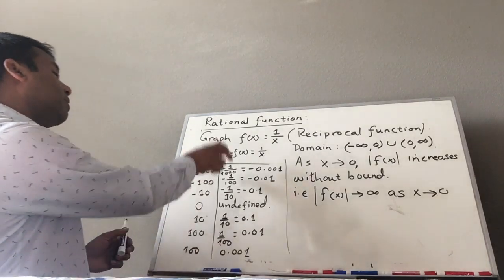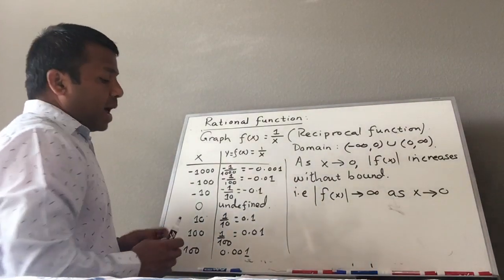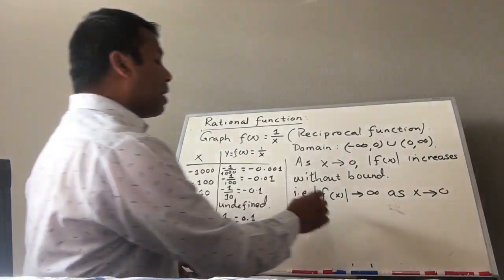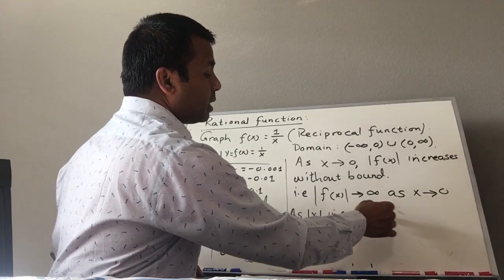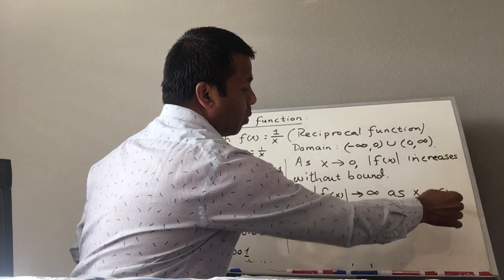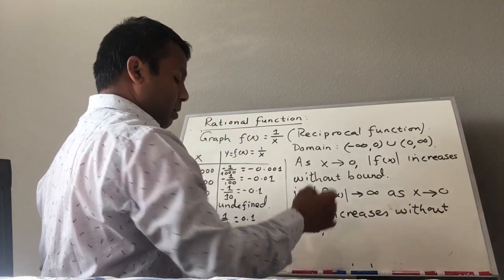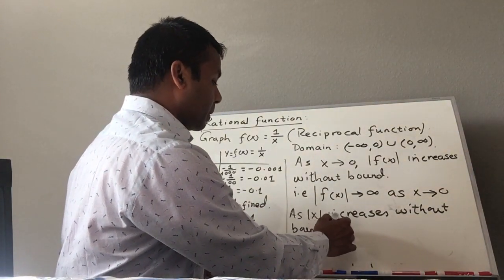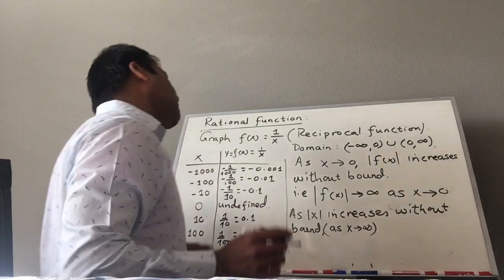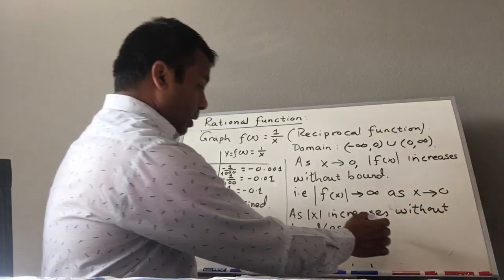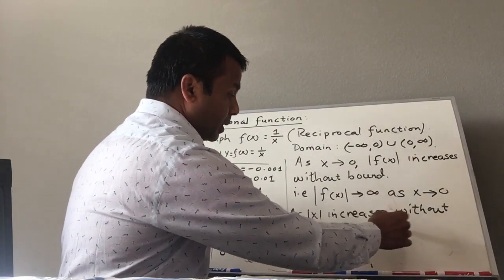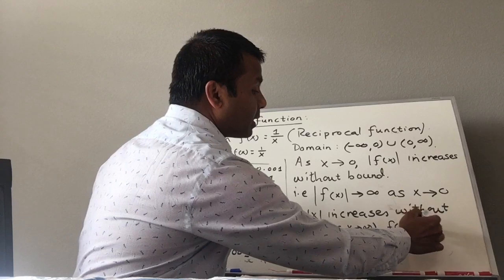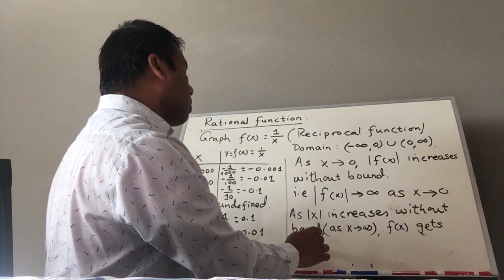Now from this table, you can observe that as the absolute value of x increases without bound, that means as x approaches infinity, f(x) is getting closer and closer to 0.